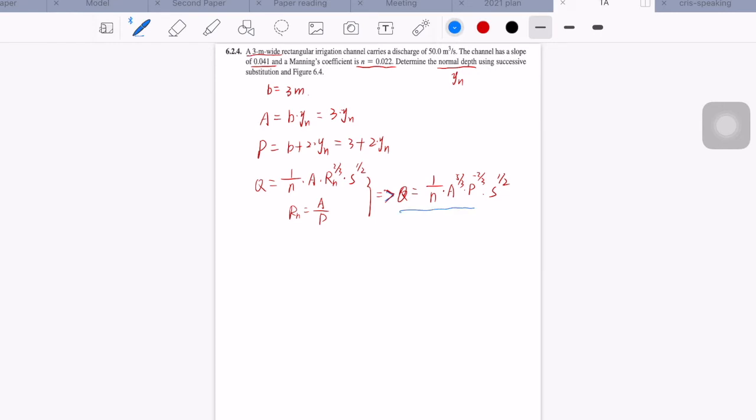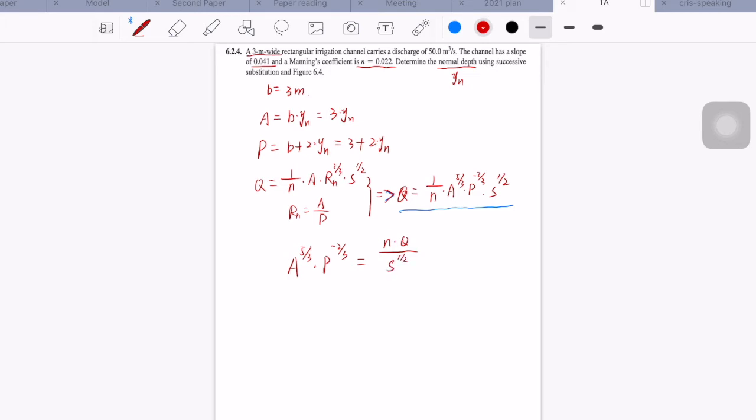We rearrange this equation so we can get that A to the power of 5 over 3 times P to the power of -2 over 3 equals n times Q divided by S to the power of 1 over 2.